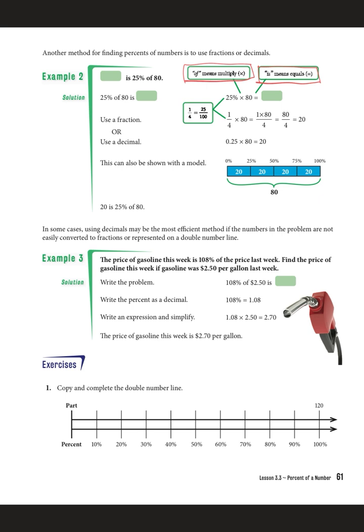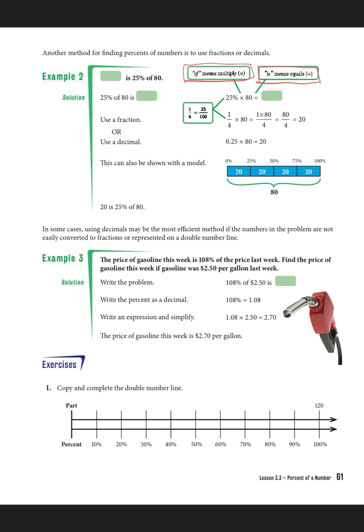But what I would suggest is you guys stop at example number 3 and read it. It says the price of gasoline this week is 108% of the price last week. Find the price of gasoline this week if gasoline was $2.50 per gallon last week.